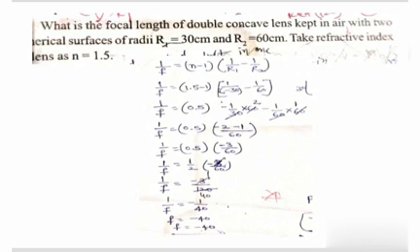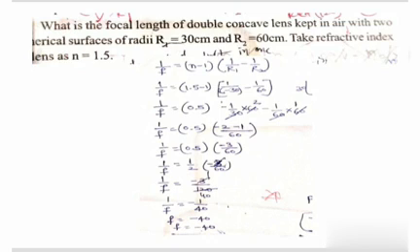In a biconcave lens, F1 and C1 are negative. In a concave lens, F is negative, U is negative, R is negative. In a convex lens, F is positive, V is positive, U is negative, R is positive. In a biconcave lens, R1 is negative and R2 is positive. In a biconvex lens, R1 is positive and R2 is negative.